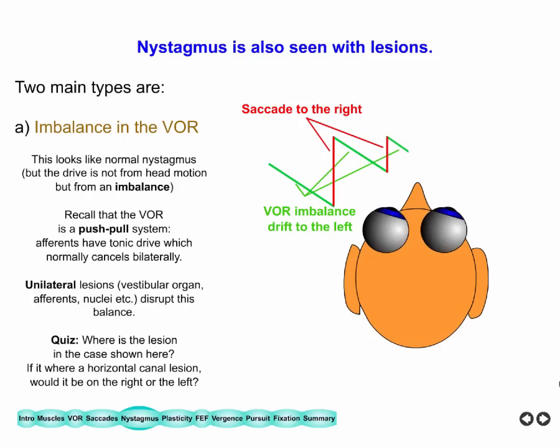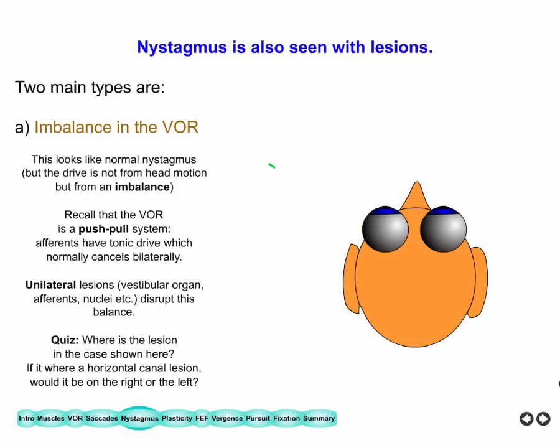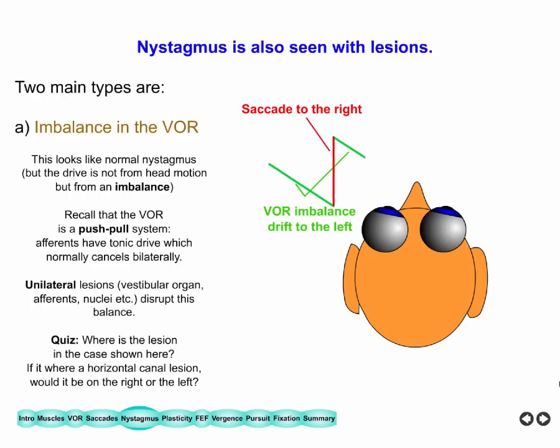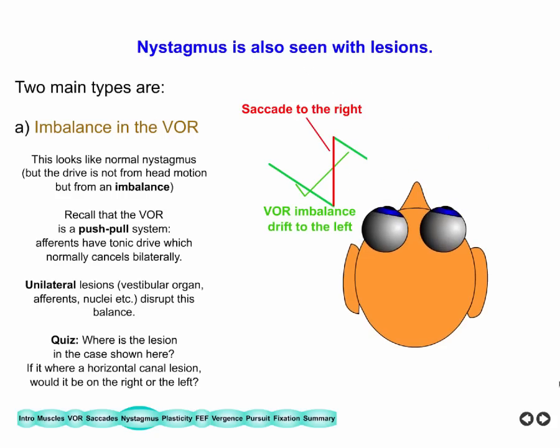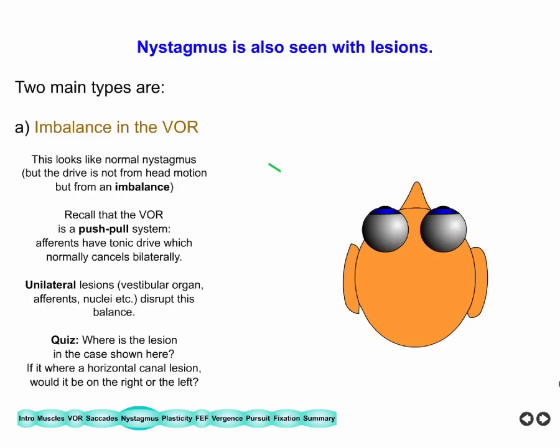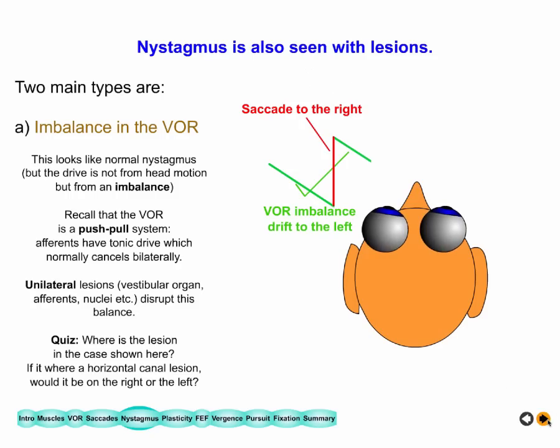Well, no, but here the head never moved, and I agree that when you turn for a long time, your cupula stabilizes itself, and you can get nystagmus when you stop moving. Yes. On the left horizontal canal. Yes. Let's see why.